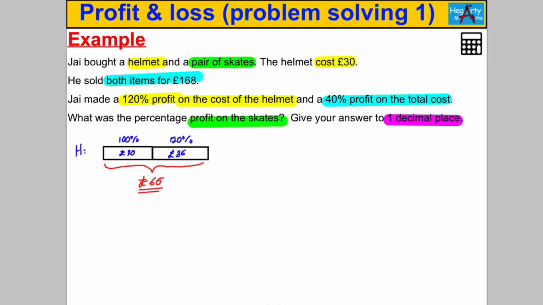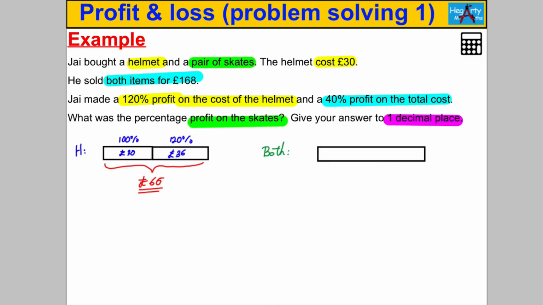We have that information. Now, we don't know much about the skates just yet, but we do know what happened with both of the things. So let's consider both at the same time. We're told that he sold both for £168. So let's draw a picture.